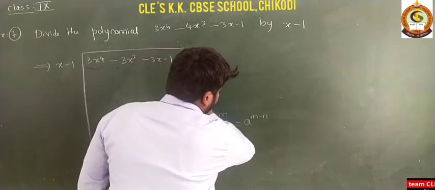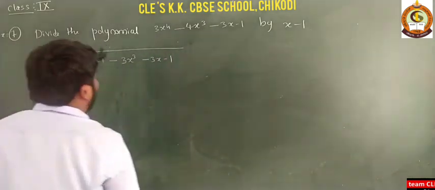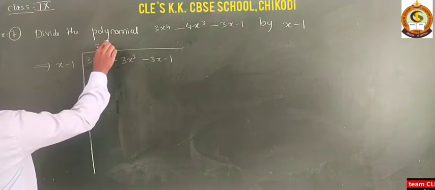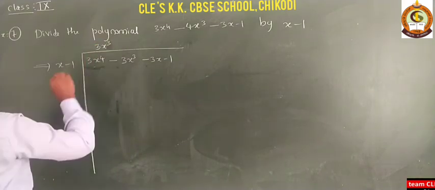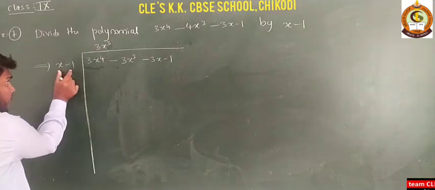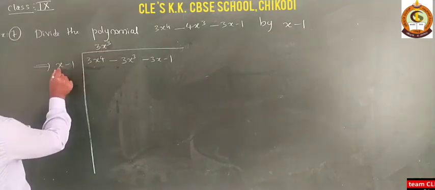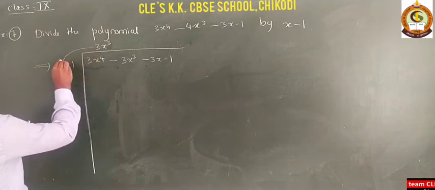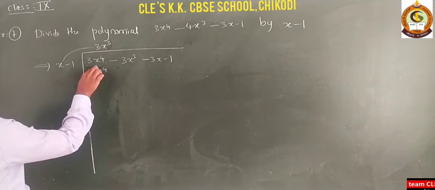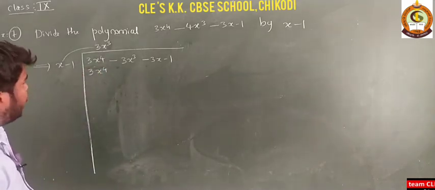Okay dear students. Now I am using the 3x cube, and you multiply it by x minus 1. So 3x cube into x gives 3x raised to 4.